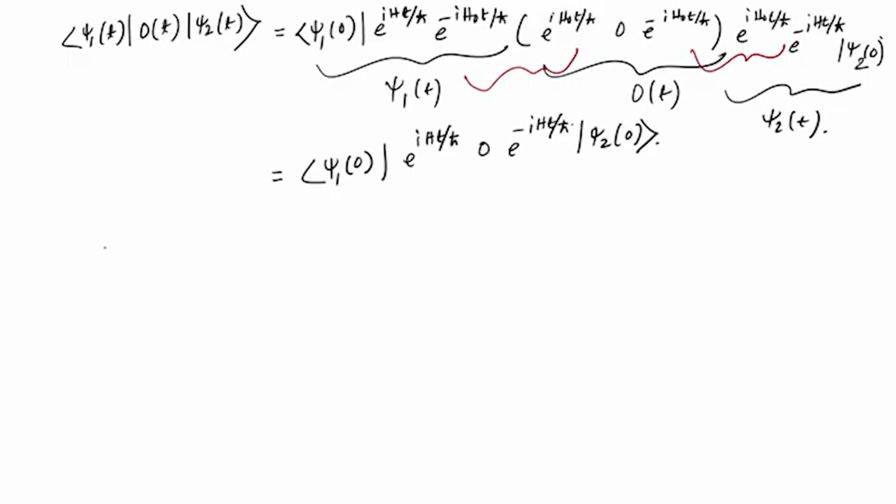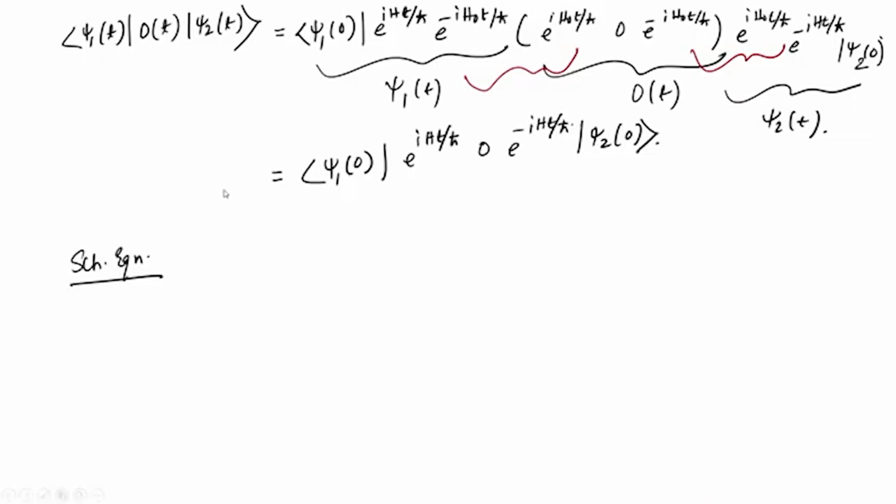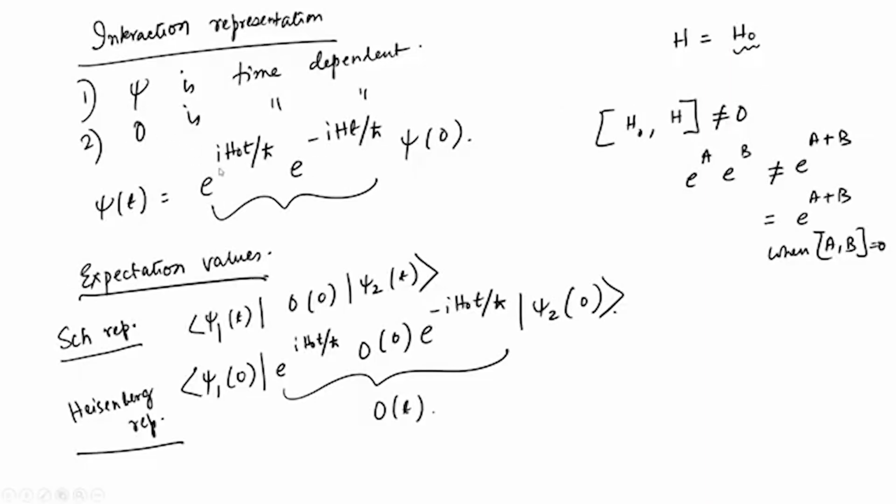You can now write down the equation of motion, or the Schrodinger equation, in this particular case with this definition, in the interaction representation, which is exponential i H naught t by h cross, exponential minus i H t by h cross. Remember that not only can you not combine the exponentials, you can't change the order either, because this exponential is nothing but a power series of H naught and H, that is full H, where H equals H naught plus H prime.